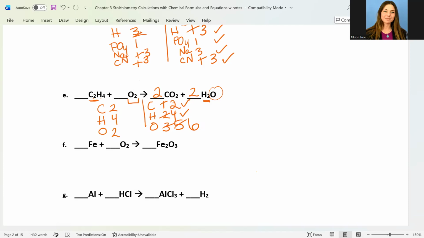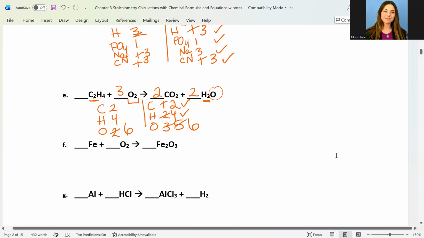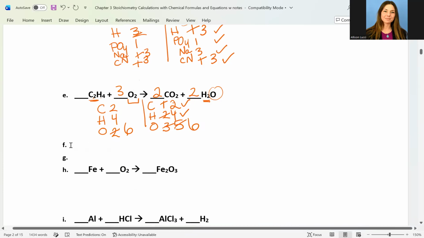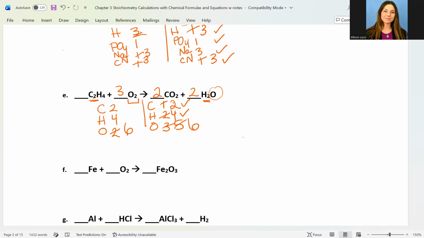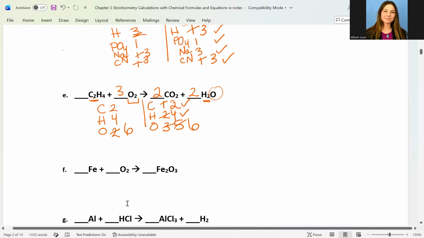And if I put a 3 coefficient out in front, that will give me 6 oxygen. So now I have a 1 to 3 to 2 to 2 ratio of my reactants to products in this balanced reaction. Noting again that with combustion reactions, so anytime you see C, H, or C, H, and O in presence of oxygen, you're always going to get these products here, CO2 and H2O.